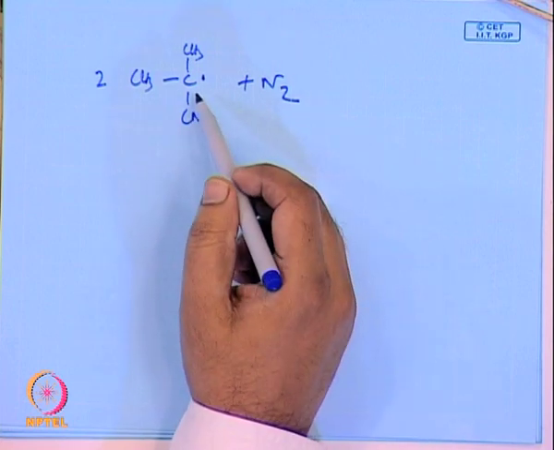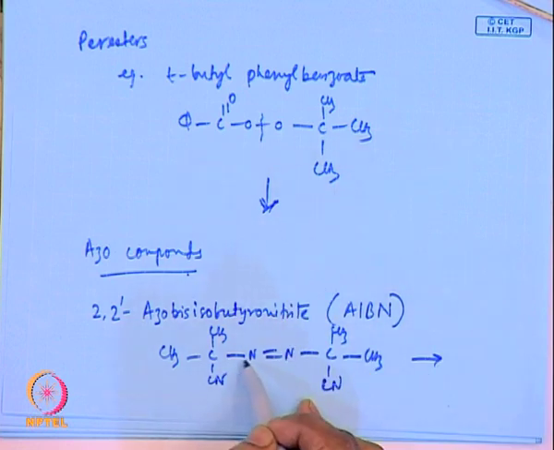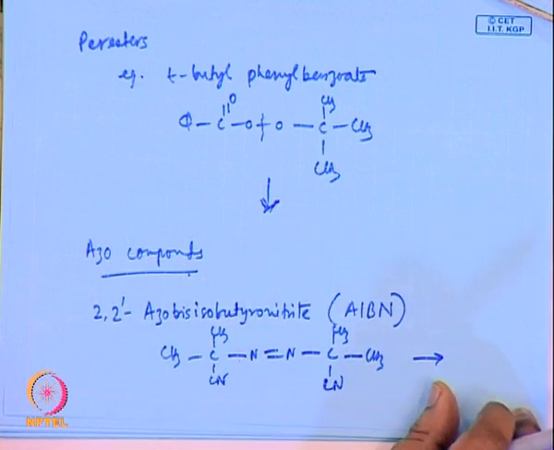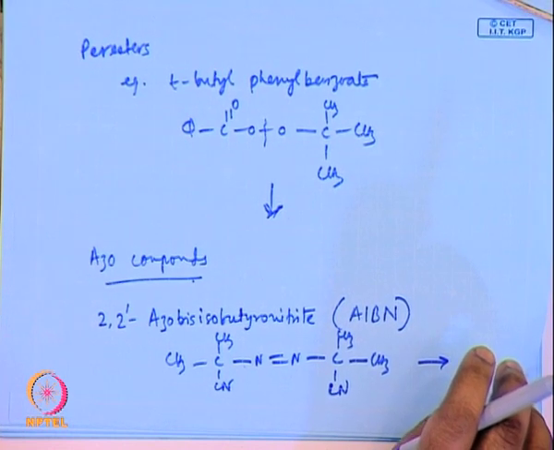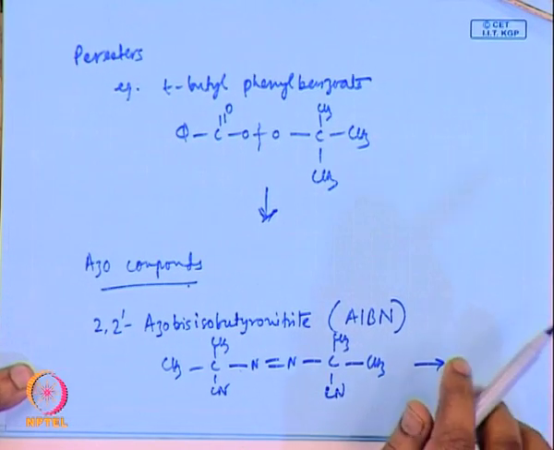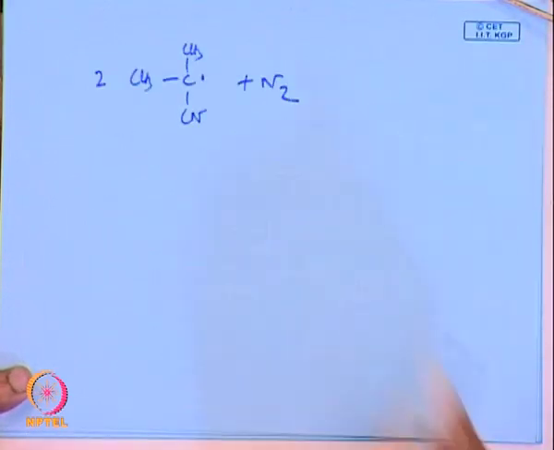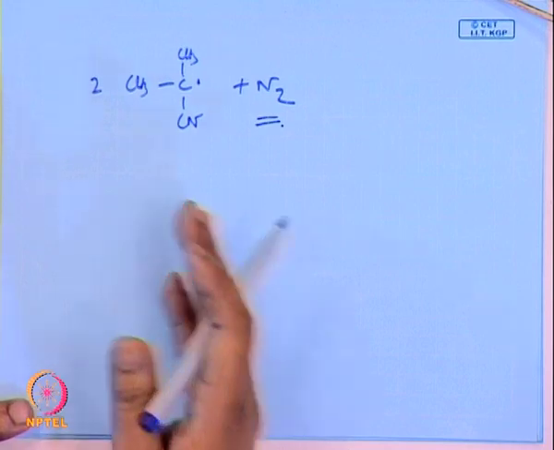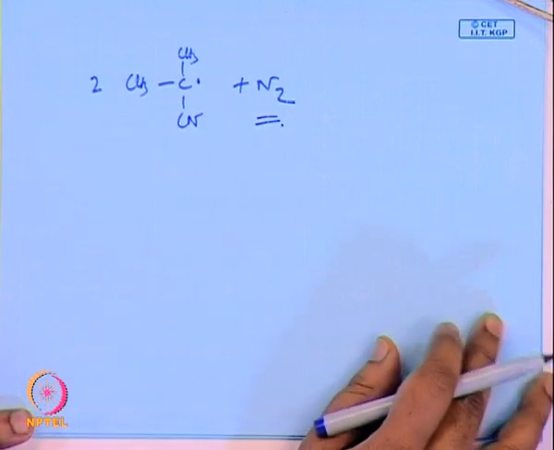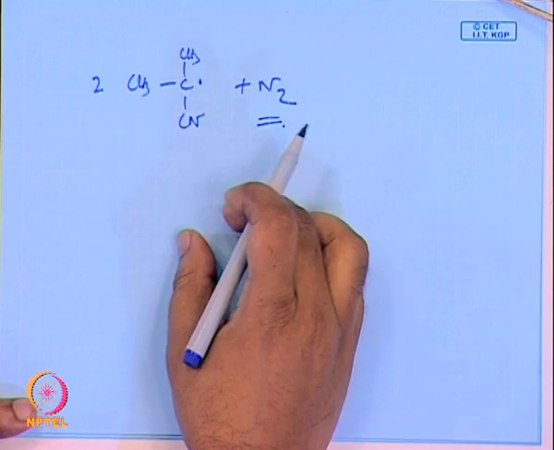Now, in this case, the C-N bond does not have a bond dissociation energy between 100 to 170 kilojoule per mole, that optimal bond energy we talked about. It actually has a higher value, 290 kilojoule per mole, but because of this nitrogen generation, this dissociation also becomes very much feasible at normal reaction temperature.